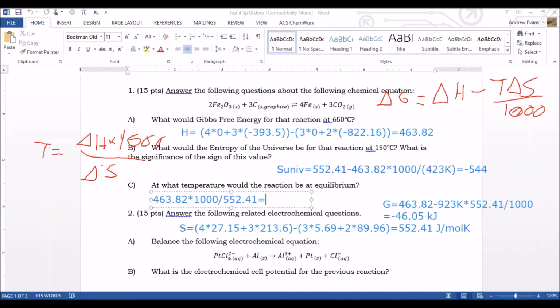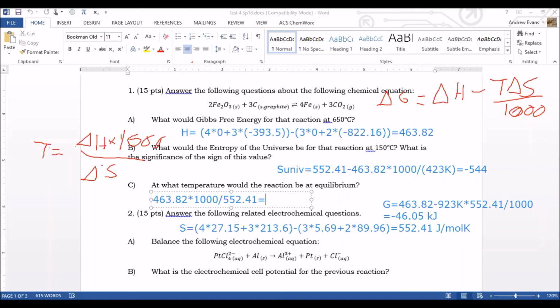If one is positive and the other is negative, it's either always going to be spontaneous or never going to be spontaneous, because you cannot have a negative temperature. So if one of these was negative, at what temperature would this reaction be at equilibrium, where delta G is 0?